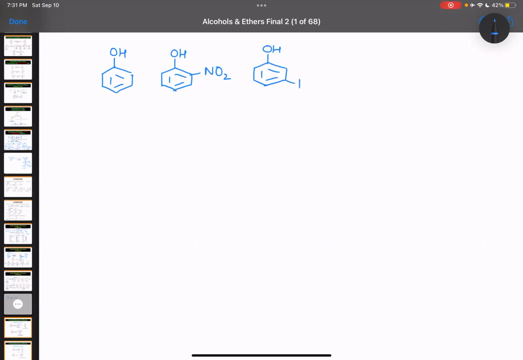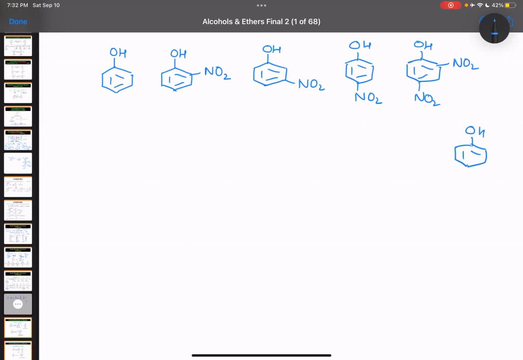This is metanitrophenol. And this is paranitrophenol. And this is 2,4-dinitrophenol. And this is 2,4,6-trinitrophenol, which is also known as picric acid, its common name.